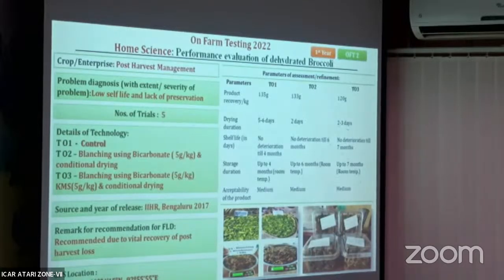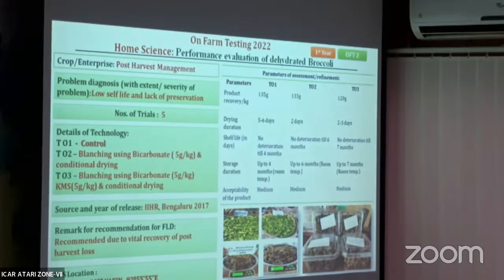And then the second OFT is the performance evaluation of dehydrated broccoli. During the season, there is a lot of broccoli which cannot be sold. So in the homestead, the women folk used to dehydrate this broccoli, and they blanch with bicarbonate, and another option is blanching with bicarbonate and potassium metabisulphite at the rate of 5 grams per kilo.